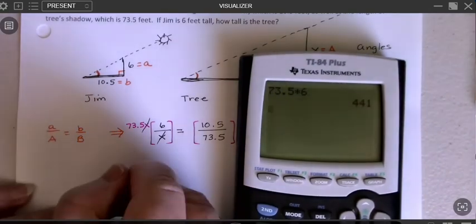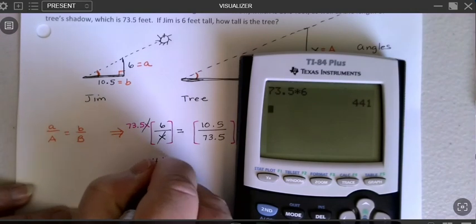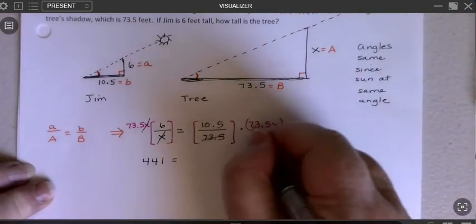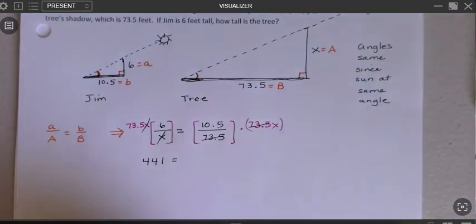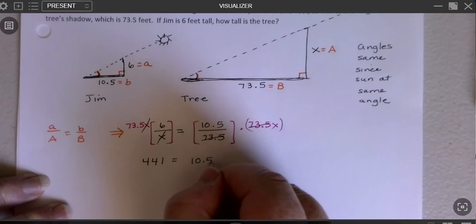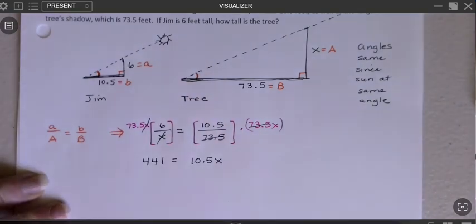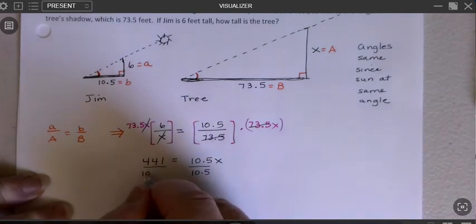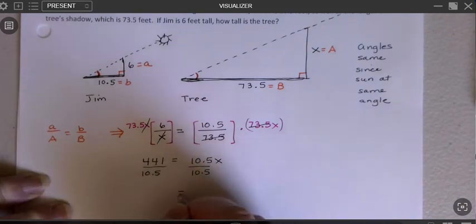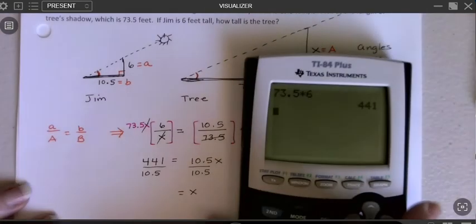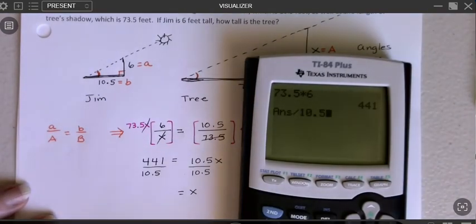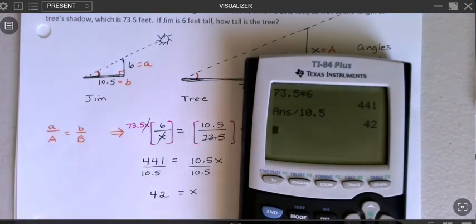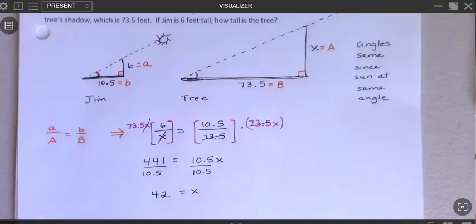It's 441. And on this side, I can divide out the 73.5s. So I've got 10.5x. If I divide both sides by 10.5, I have 42. So this tree is 42 feet tall.